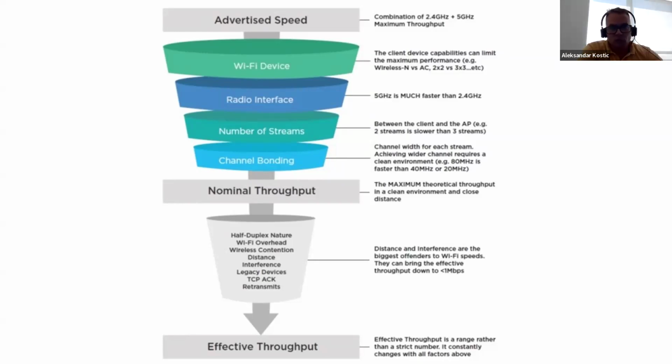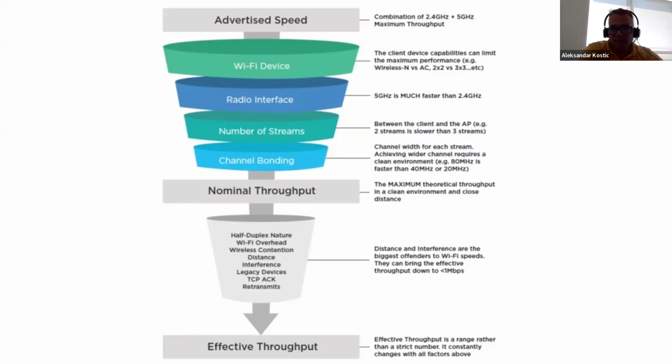So from nominal throughput, we then have all the factors specific to the site, like is there any wireless congestion, how far are we from the access point, is there any third-party interference, are there any legacy devices, because it can happen that if we have a legacy device, it simply pushes the access point to transmit on the lowest protocol like 802.11b or something like that.